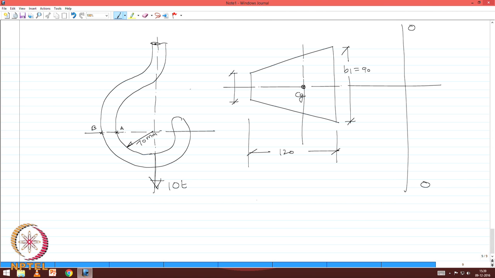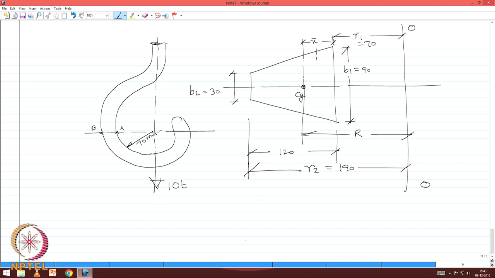This dimension is actually B2, which is 30. Let us say this is R1, which is actually equal to 70, and this is R2, which is actually equal to 190. This is my R, which I need to calculate because I have to first compute this distance CG from the base.